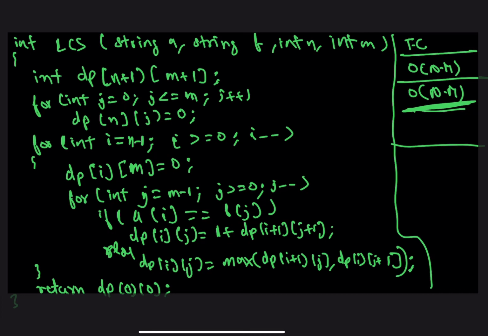In that case, we'll try to reduce the space complexity, so ideally it can be reduced to O of minimum of n comma m. We will see how we can do that in the next video.